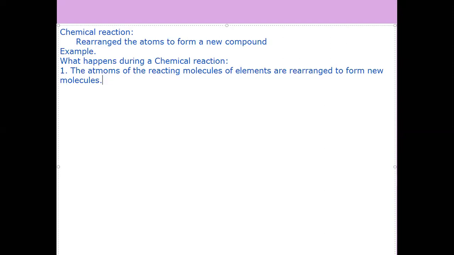The next point, what happens during a chemical reaction?